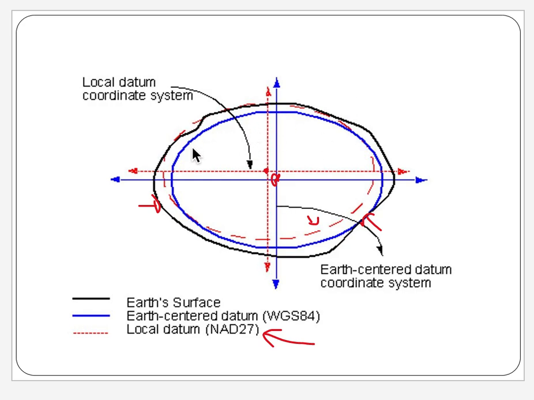So we could see here that in this part, the NAD 1927 matches this part of the geoid or Earth's surface. But here in this area, it doesn't do a good job. So again, it's important to use the best datum and the ellipsoid that's attached to it.